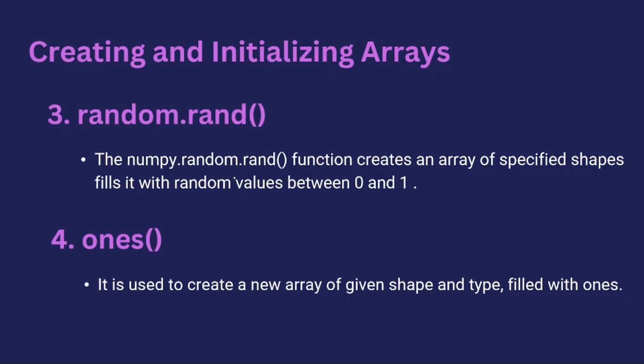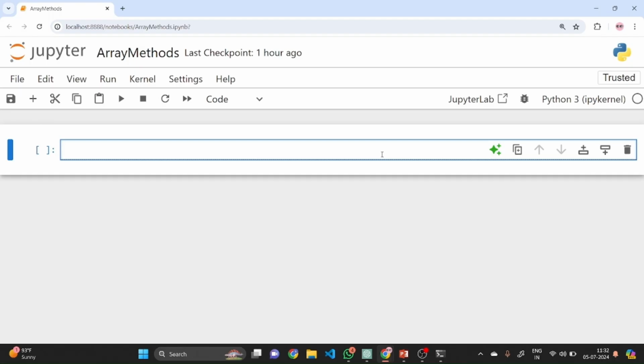Next one is the random.rand function. It creates an array of specified shape, but it fills with random values between 0 and 1. Here the only parameter you need to give is the shape. I'll write the syntax: numpy.random.rand of shape. First import numpy as np.